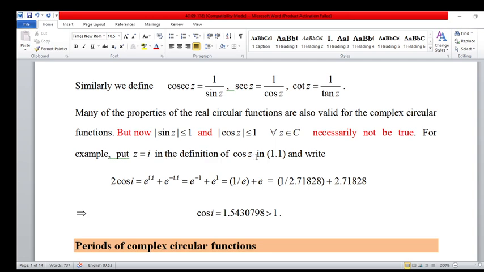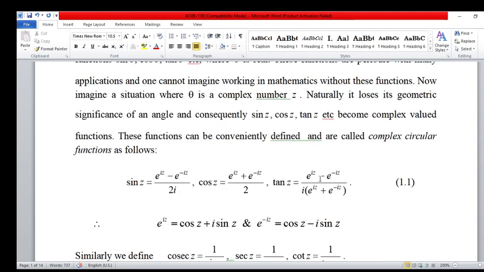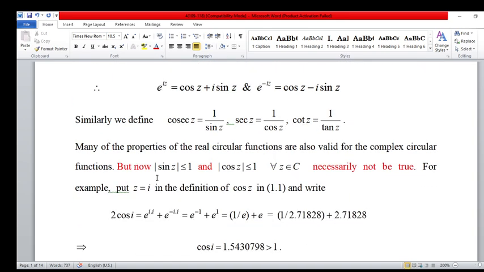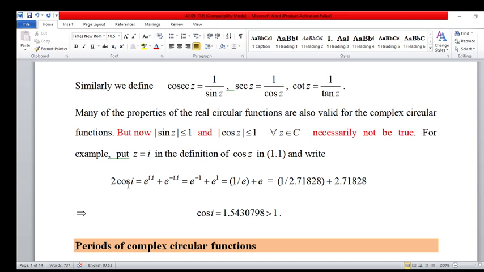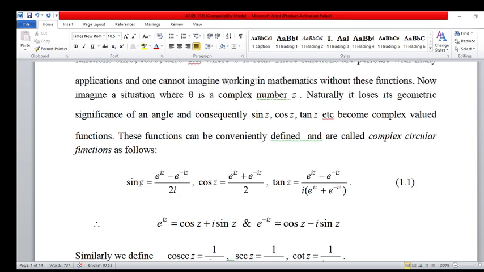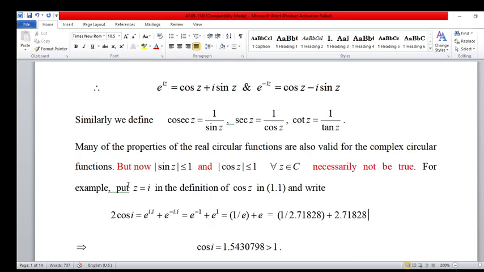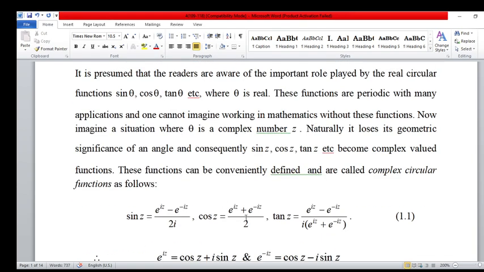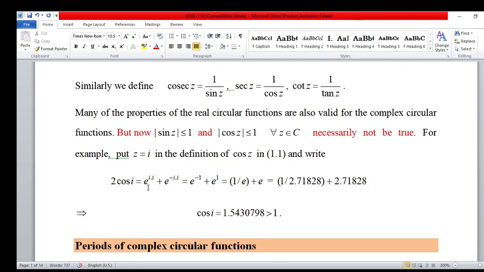In the definition of cos z in equation 111, put z equal to i. Cross multiplying, twice cos i is e raised to the power i into i plus e raised to the power minus i into i, which is e raised to the power minus 1 plus e raised to the power 1.